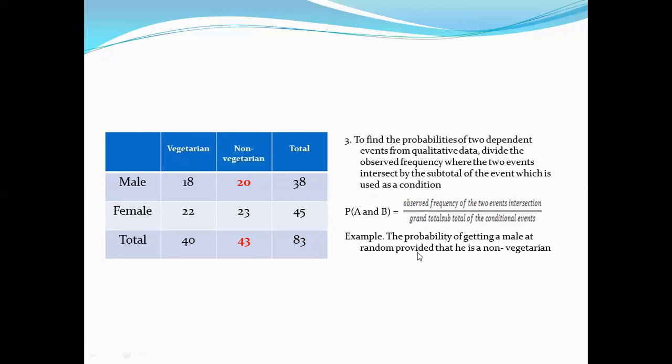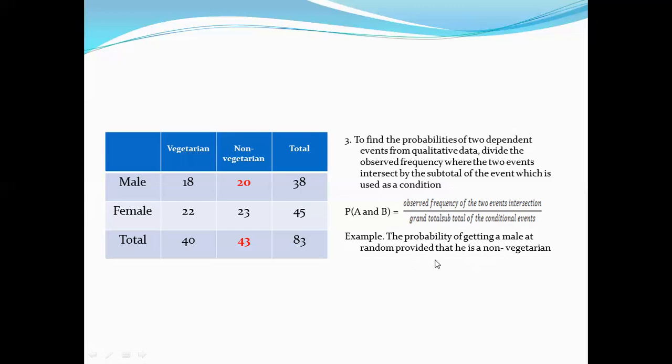Let's have this example: the probability of getting a male at random provided that he is non-vegetarian. The conditional word here is provided. Other problems, instead of using provided, indicate it with given that, or with the condition. Statements like that fall under conditional probability, or under this case.